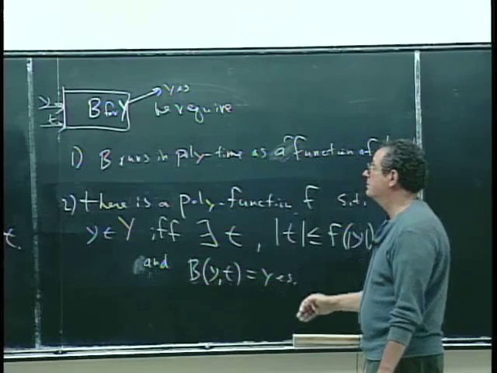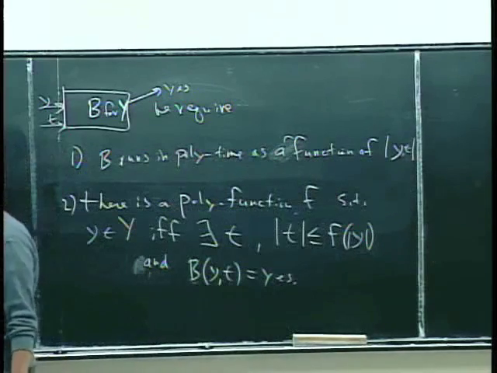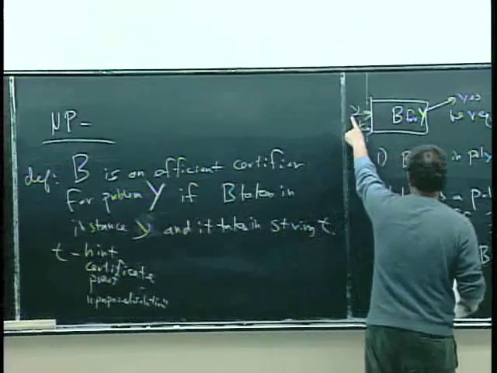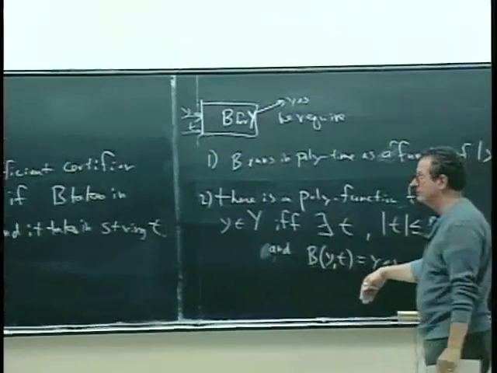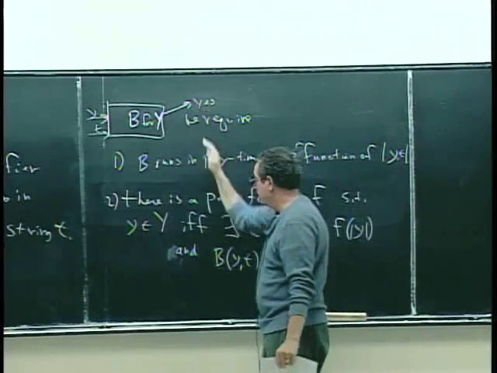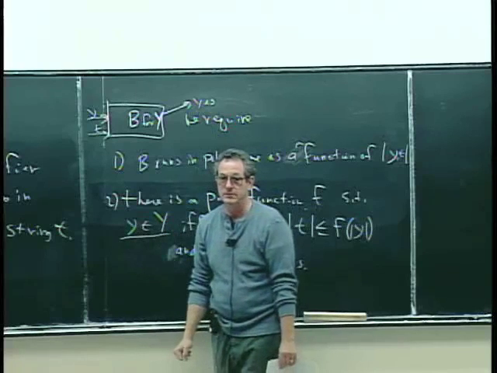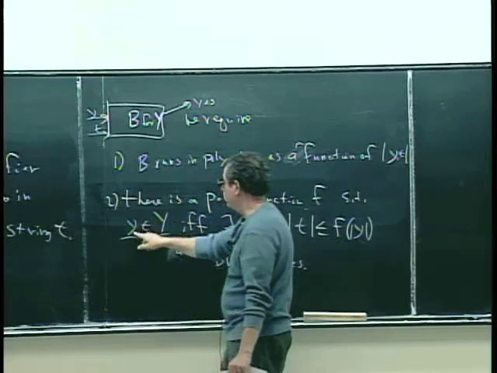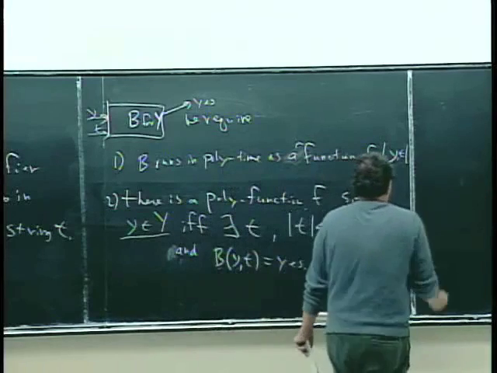And that's what it means to be an efficient certifier for a problem Y. So you can feed it instances, and you can feed it these additional hints which have this property, okay? And then it will say yes, but only if little y is contained in capital Y. All right? It should never say yes if, in fact, little y is not in capital Y.